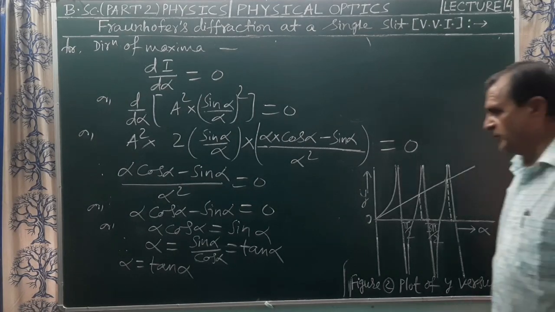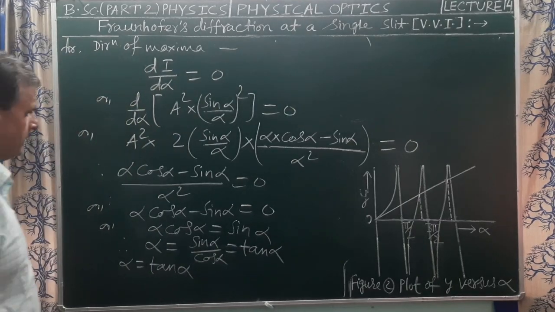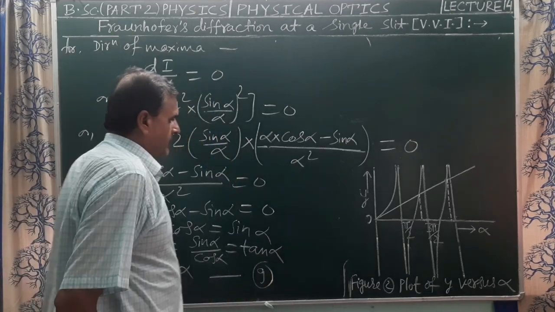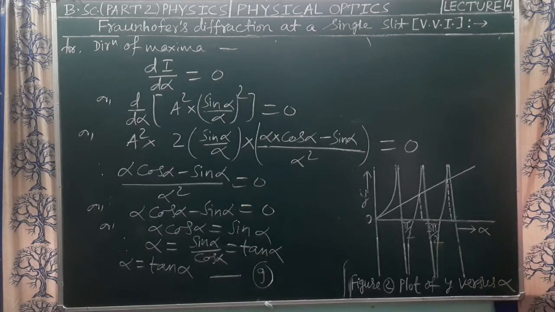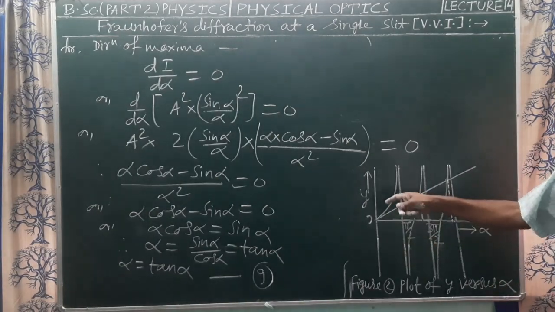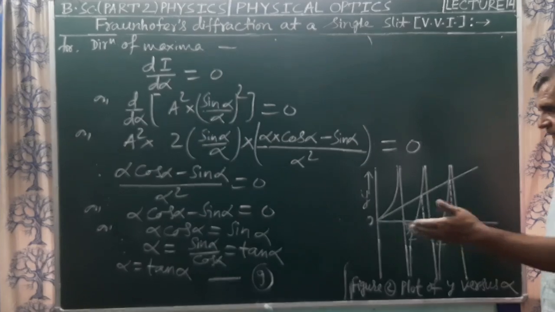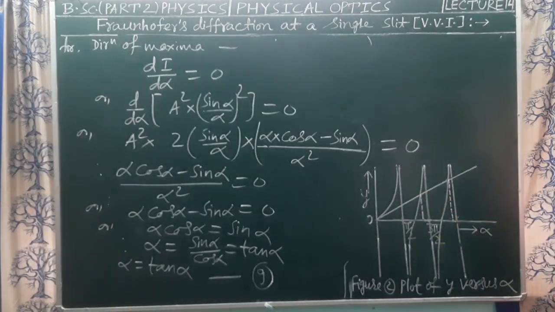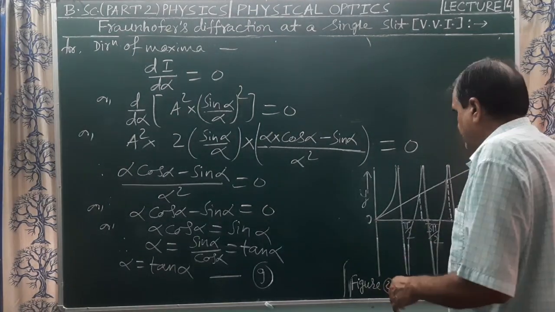Suppose it is equation number 9. This equation is solved graphically, which we have done in figure 2 in the plot of y versus alpha. So this equation, alpha equal to tan alpha, given by equation 9, can be solved graphically by plotting two curves.